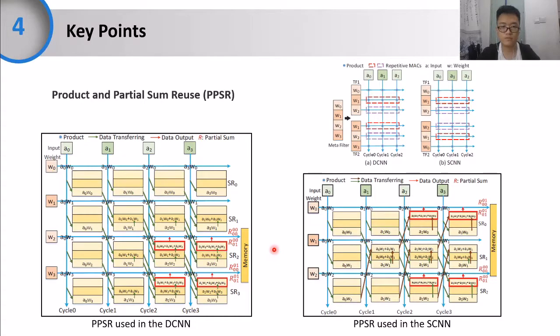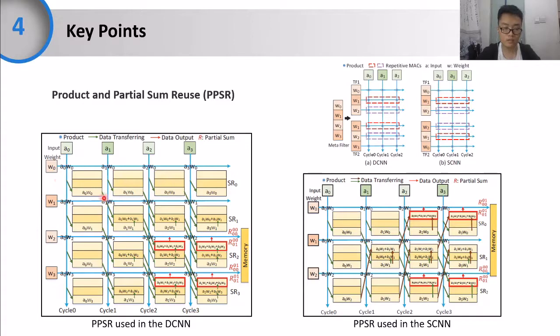The first, we eliminate the redundant computations in one row. Let me take the DCN as an example. There are two original kernels in one metafilter. Like the TF1, weight 0 to weight 2 is the TF1, and weight 1 to weight 3 is the TF2.